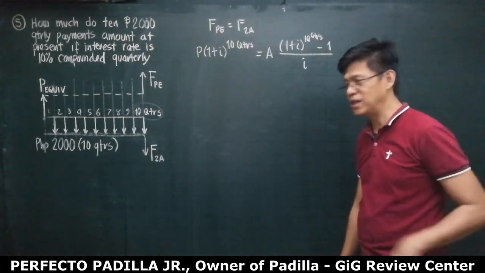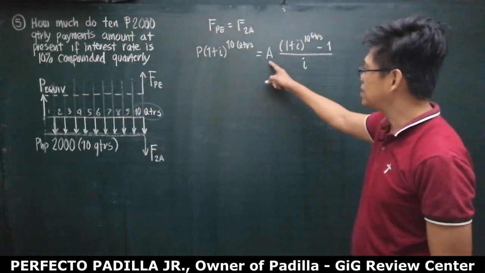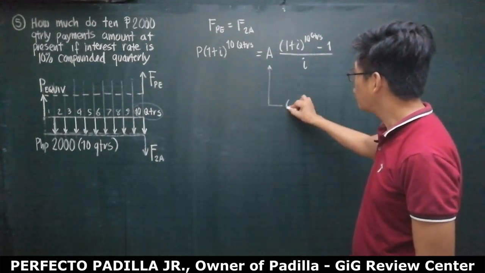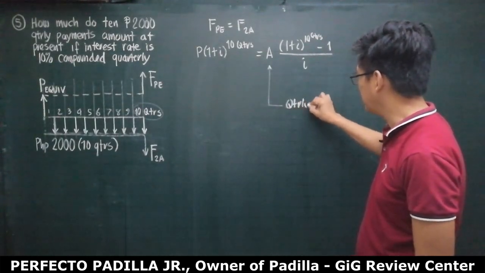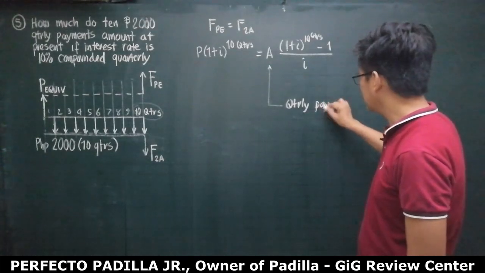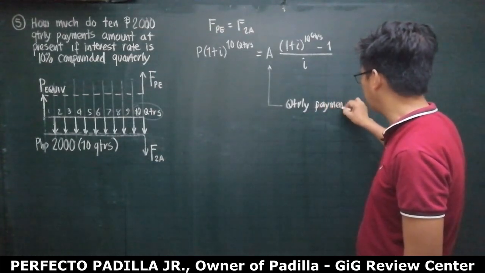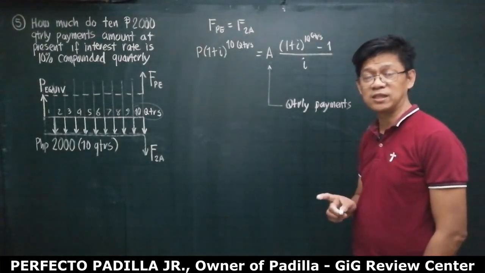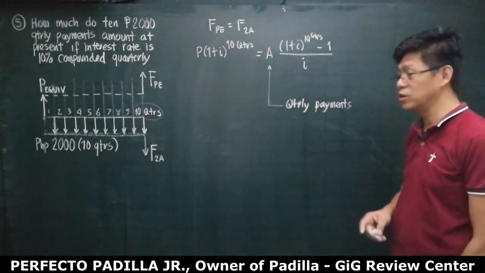Now remember in the formula, since these are quarterly payments, the frequency of our payments dictates the unit to be used.